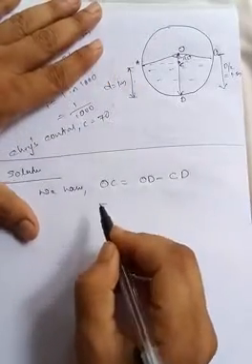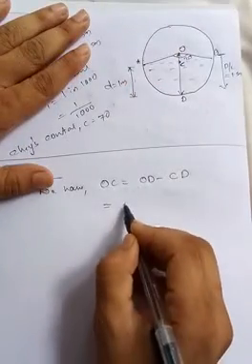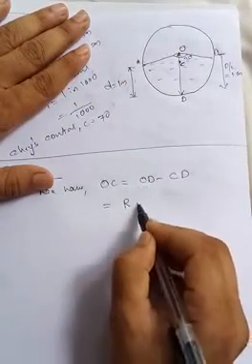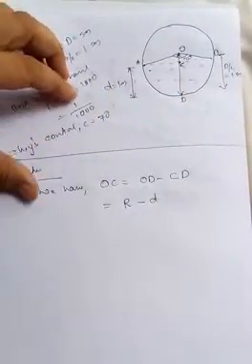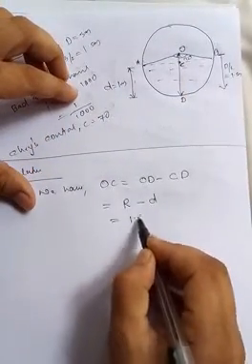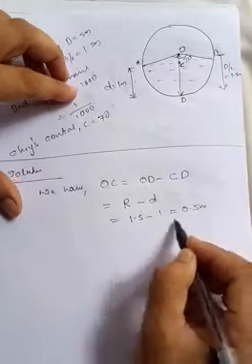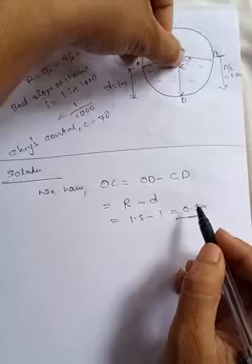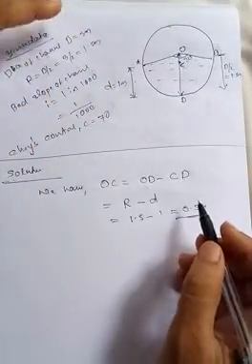See here, what is the OD? OD is the radius of the circular channel, it will be R, minus CD. This is the CD, depth of the water. So it will become R is 1.5 meter minus 1 meter, it will become 0.5 meter. The depth between this free surface to the center of the channel will be 0.5 meter.